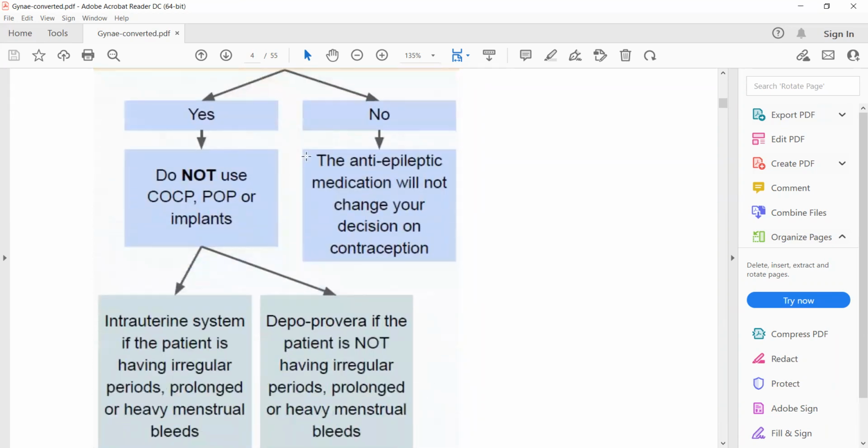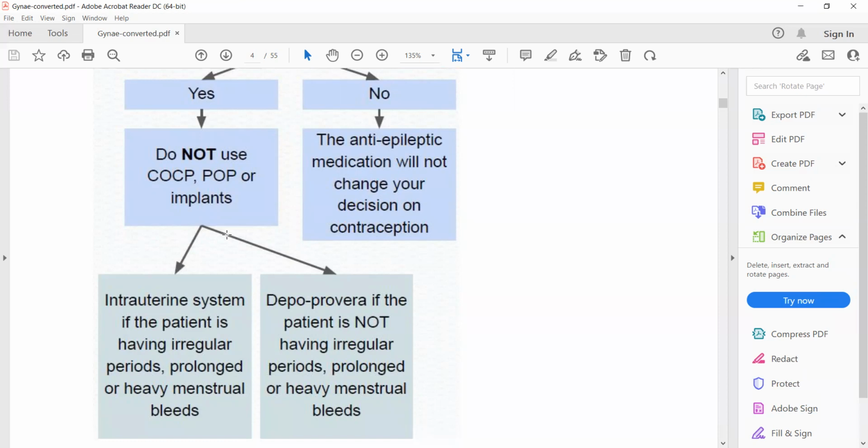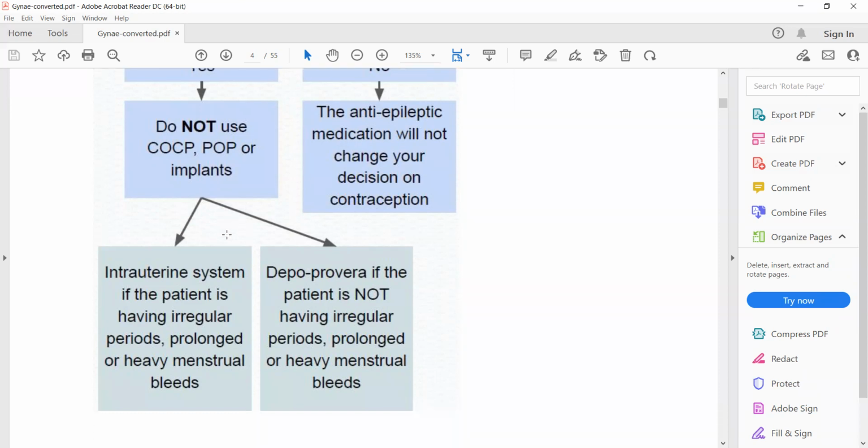What option do we have? We cannot use COCP, POP, or implants because their efficacy is reduced if the patient is taking enzyme inducers such as carbamazepine, phenobarbital, and phenytoin. So we are only left with IUS.